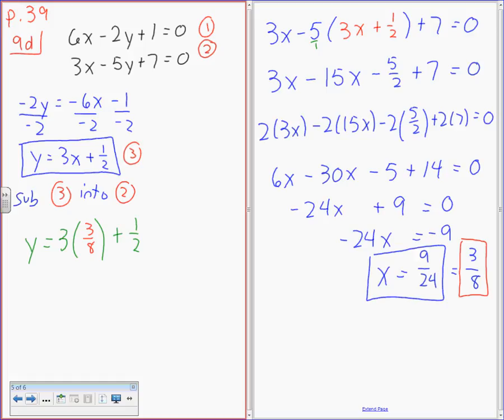Someone other than Cassidy, who loves fractions. How do you deal with 3 times 3 over 8? What does that turn into? 9 over 8, good. So it's 9 over 8 plus 1/2. That's 9 over 8 plus 4 over 8, which is 13 over 8. Yuck.